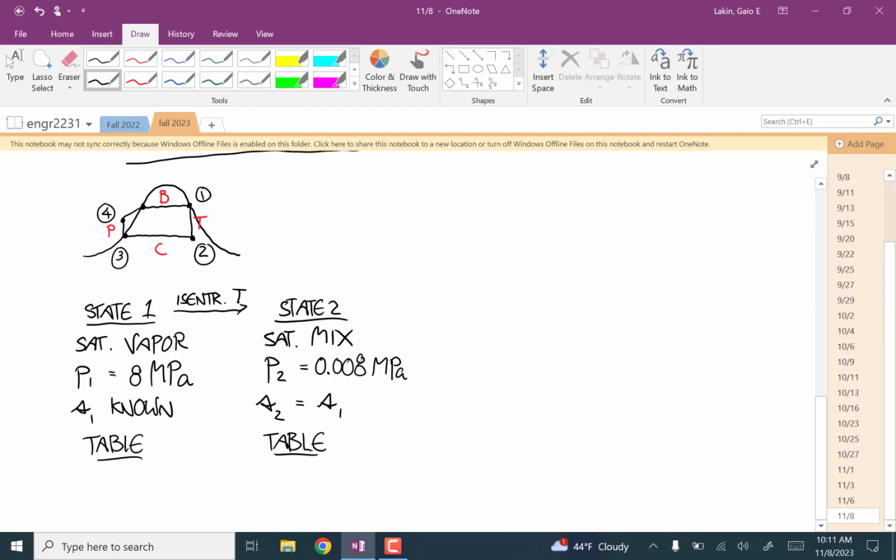And then we can calculate anything else we need. I didn't say this at the start, but what are we trying to find? Do you remember that from our calculations of efficiency and back work ratio? If we know the specific enthalpies at all four of these states, then from there we can calculate everything. Okay?